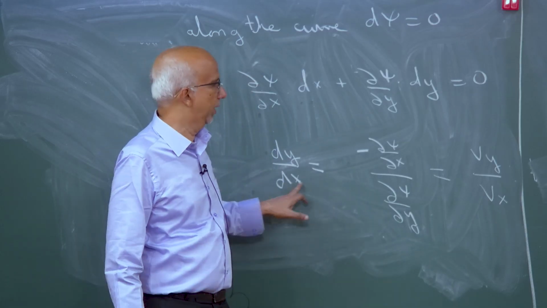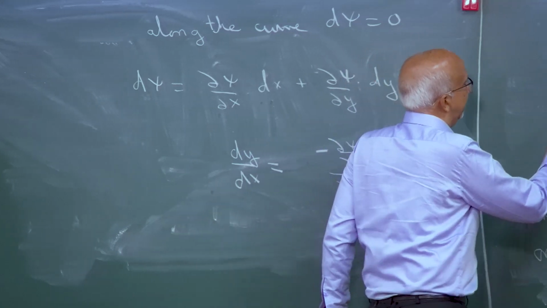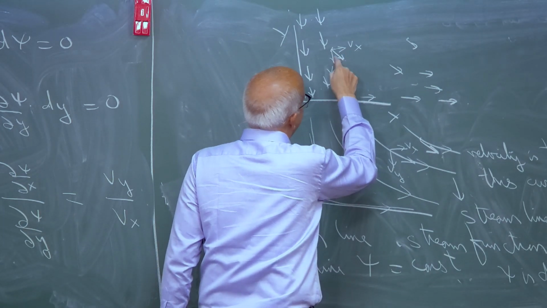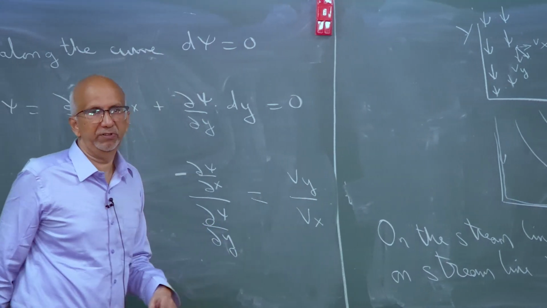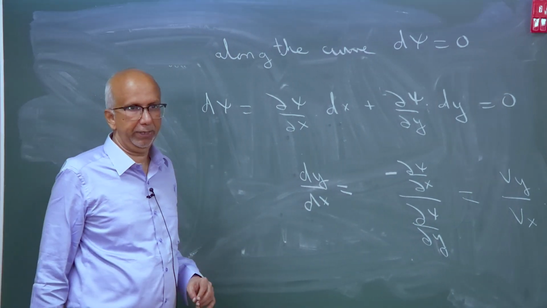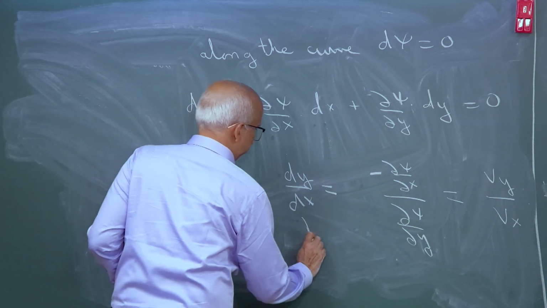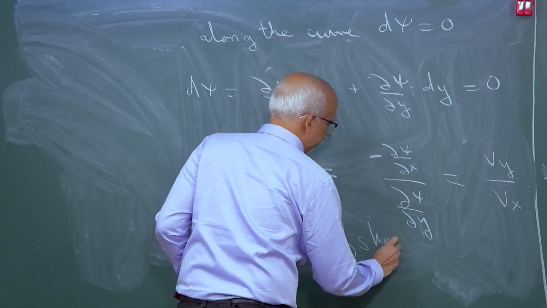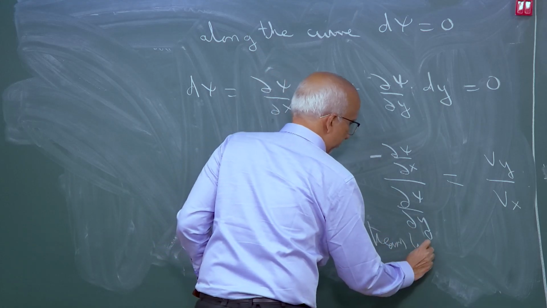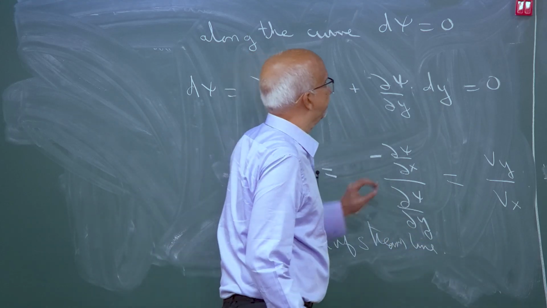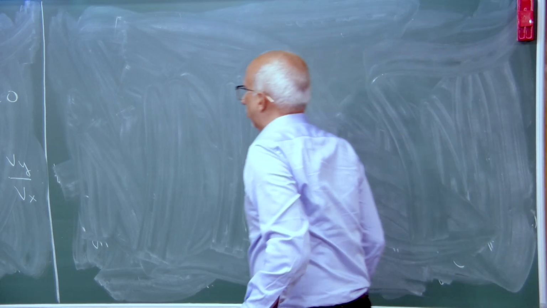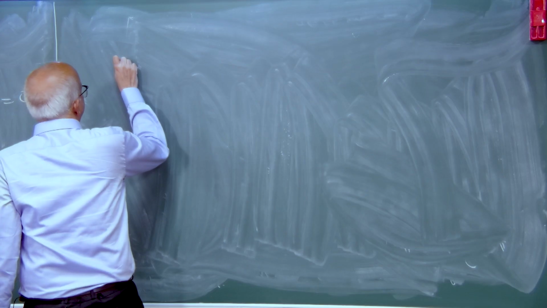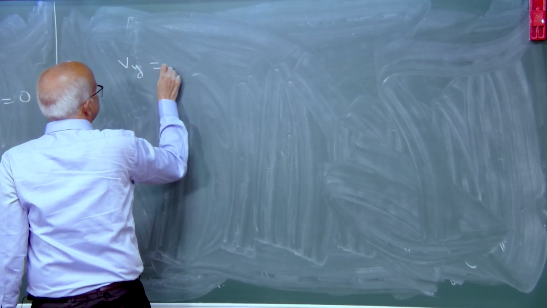So, this is the slope, and the net velocity, this is Vx, this is Vy, the direction is going to be, the tan theta is going to be given by Vy by Vx, okay. This is the slope of the streamline. So, now I can define Vy. How do you find this stream function?